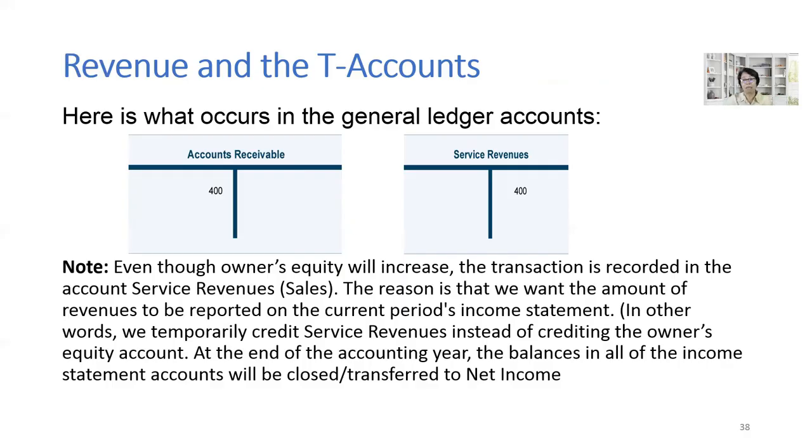It's like an IOU piece of paper, that's your asset. They owe you $400. So if you kept track of everybody's on a piece of paper, that piece of paper would be an asset. And you performed a service, so your sales went up. Your service revenues went up $400. Sales is the same as service revenues.